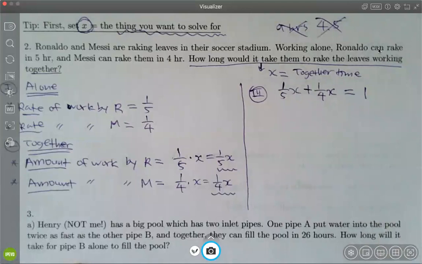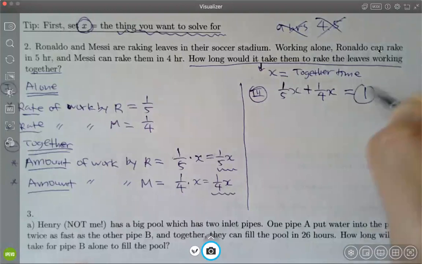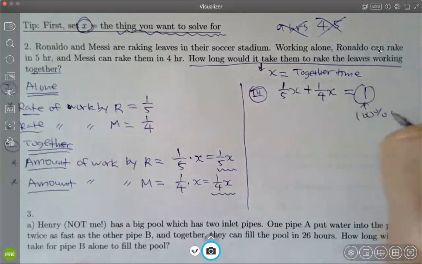What's the percent representation of number 1? Convert 1 into percent. 100%. 100%, yes. So 1 represents 100% of job done.